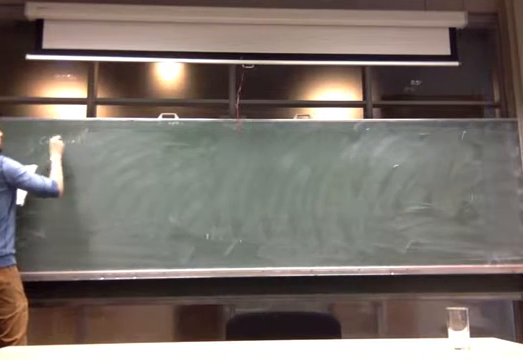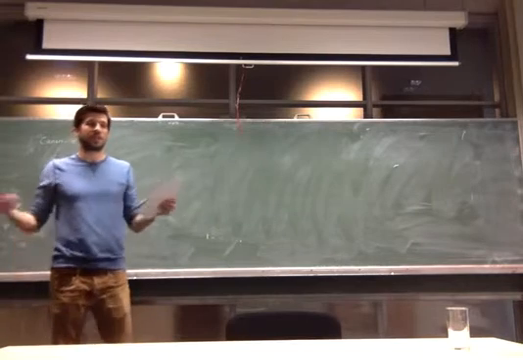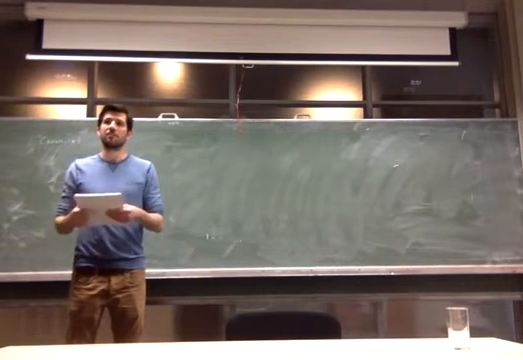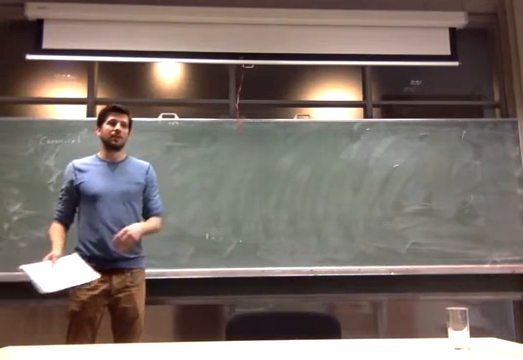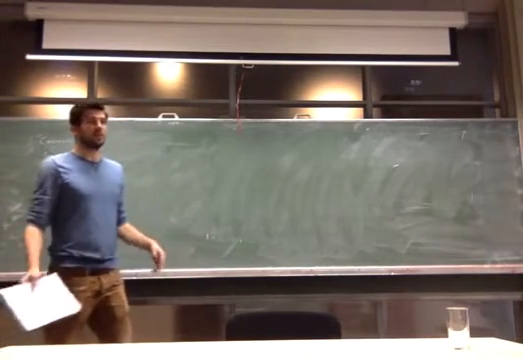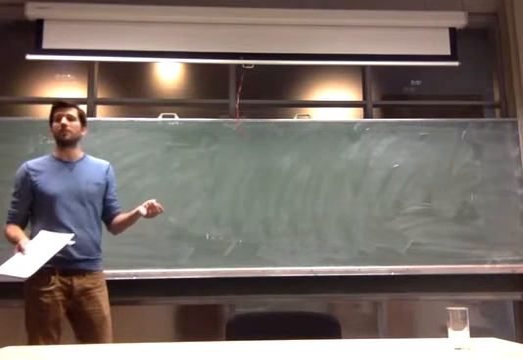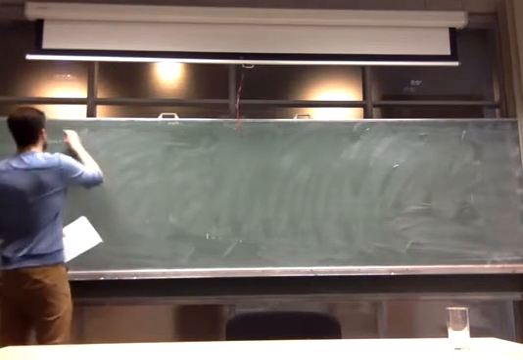The word canonical, in English, is kind of an old word. It means standard, like the classic thing that everybody uses. And so canonical is actually another word for saying some kind of preferred gauge choice.